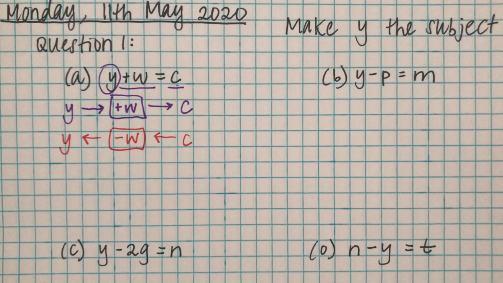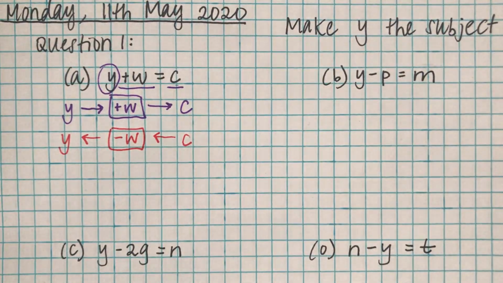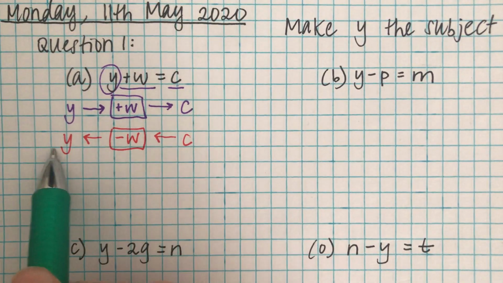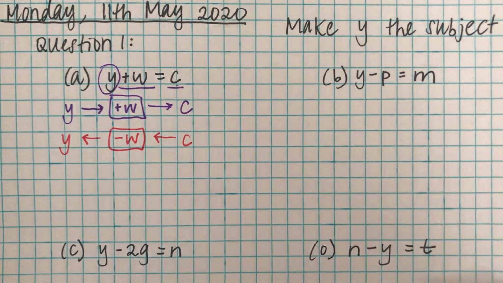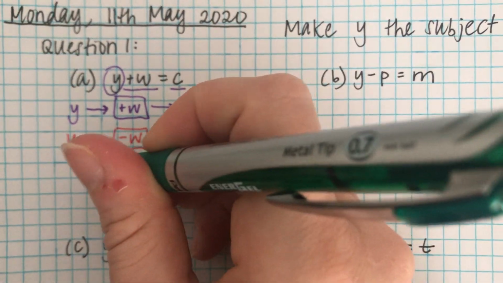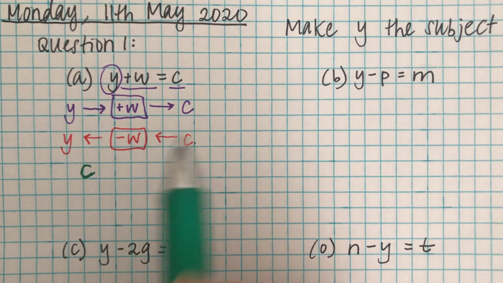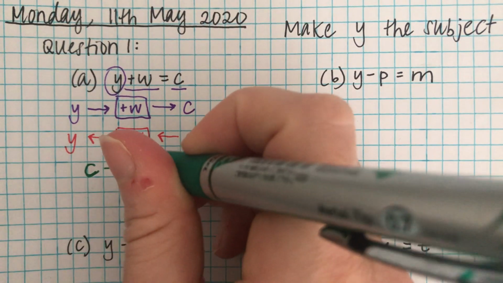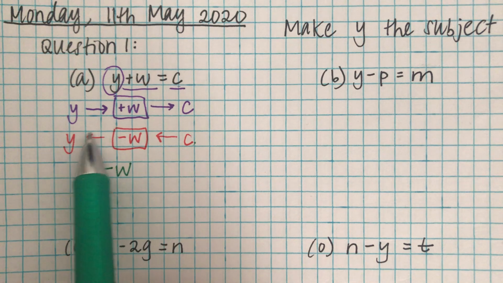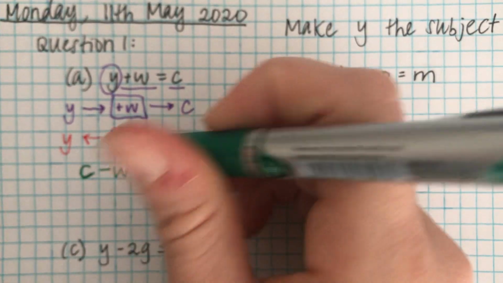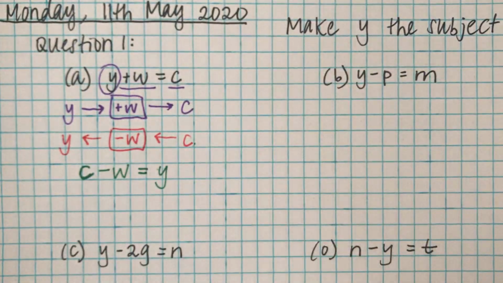What I can do from this step is take this second function machine that I've written going this way and write it exactly as I see it. So I start with c, and taking c, I would subtract w from c. So I do minus w, and this arrow implies result, so the result equals y, which is now my output, okay?